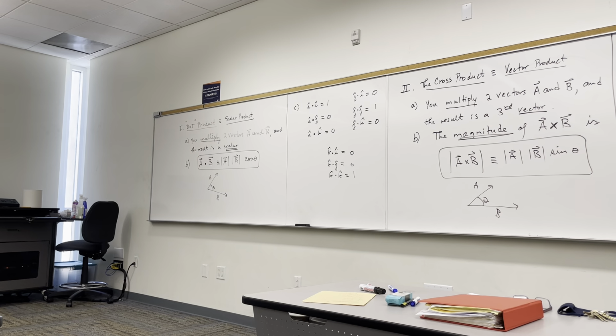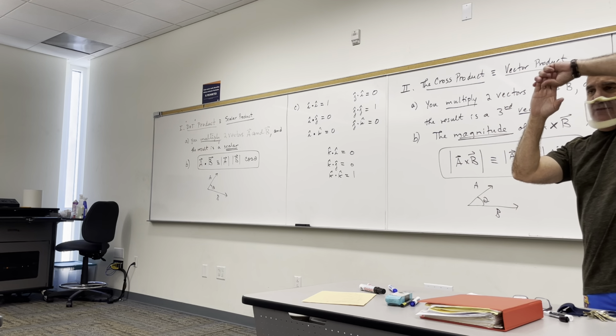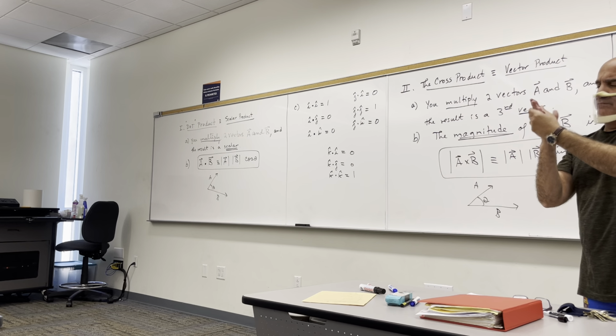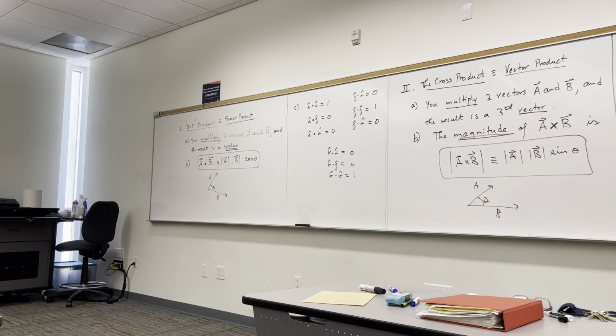If I define the cross product like this, then this is the third vector, right? So what I do is I use these four fingers of my right hand, and I keep them straight, and I point my four fingers of my right hand in the direction of the first vector, whatever appears over here.